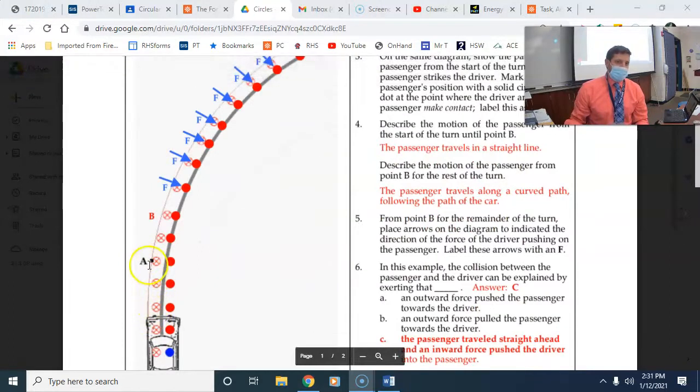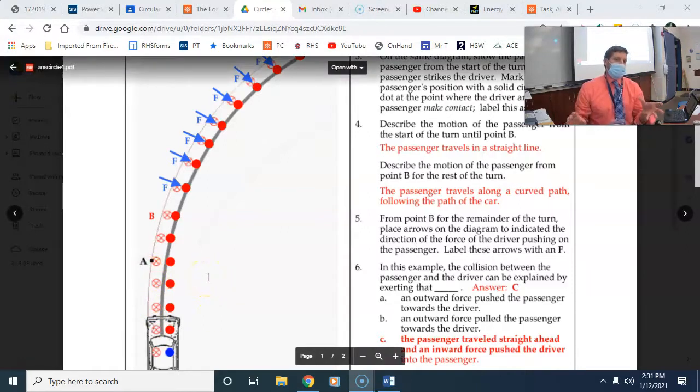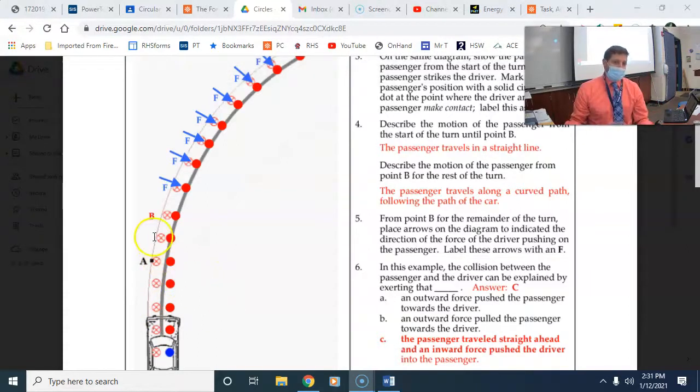So we were going pretty straight up to point A, right? Where it was very noticeable that it was turning. Now, this is up to judgment. So if you put point B right after point A, that's fine with me, okay? On the key, they have point B right here. But I would say anywhere after point A, where it's noticeable that it's starting to turn, right? So don't be too picky with that.